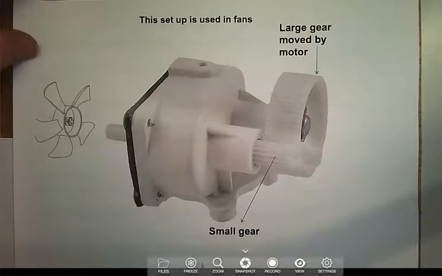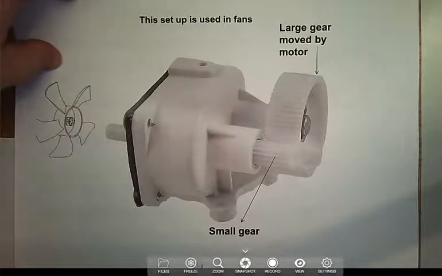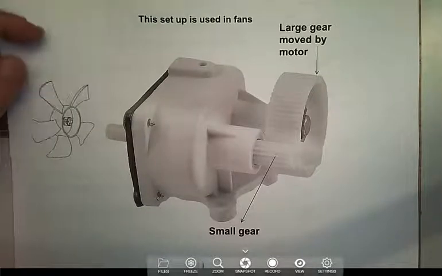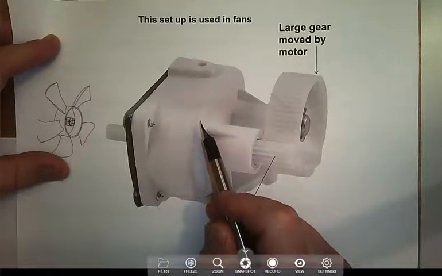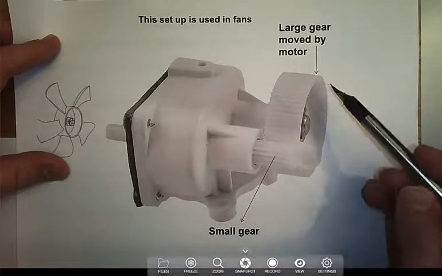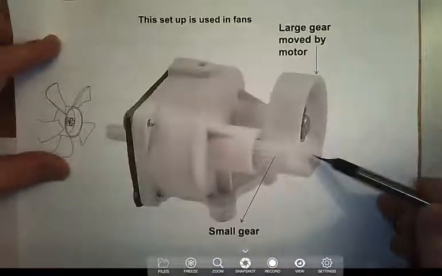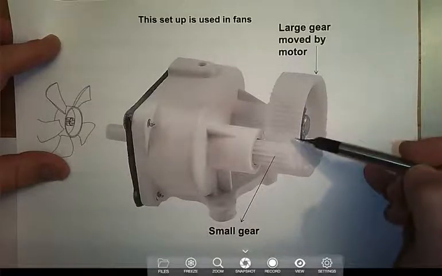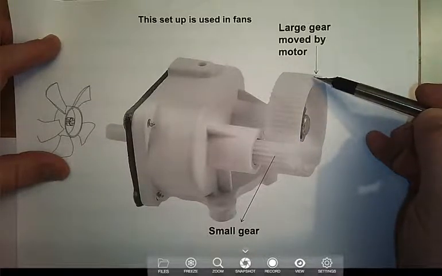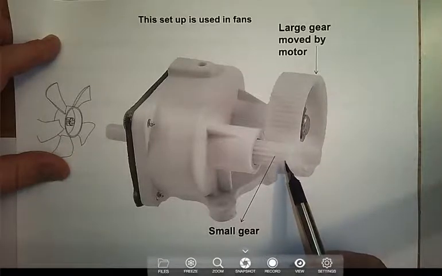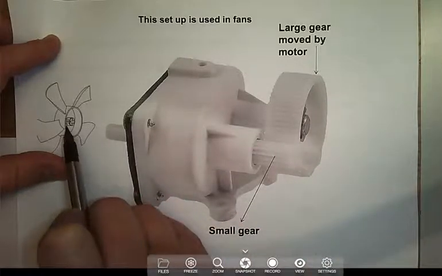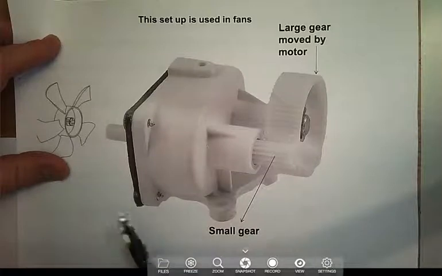Here's a good example of how we can use it to speed things up. In this housing, we have a motor that's connected to a large gear. As you can see, there are lots of notches on the gear, but here there's a small gear, and this small gear is connected directly to a fan on the other side.